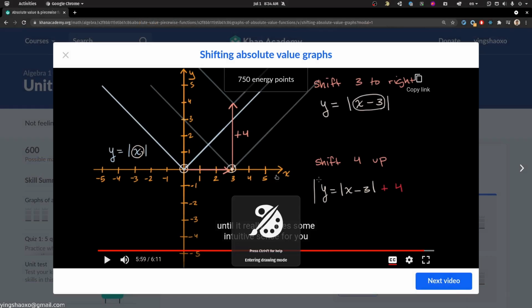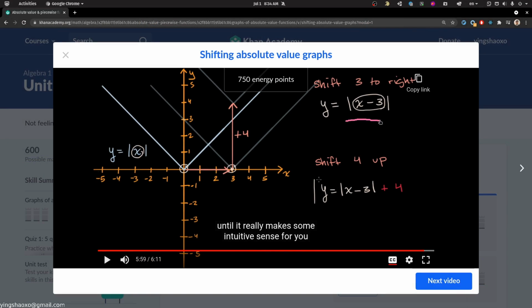All right, let me just repeat the process of the thinking. So what you have is a value inside of the absolute sign. And as you know, for any kind of number inside of that, the absolute value of 0 would always be equal to 0.